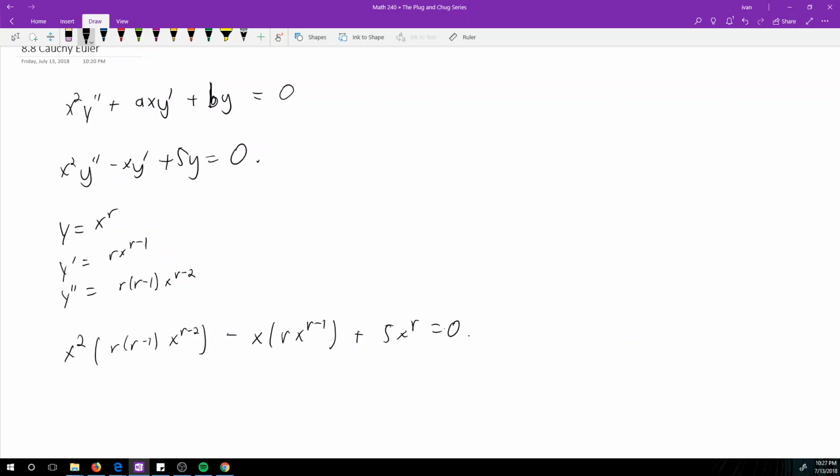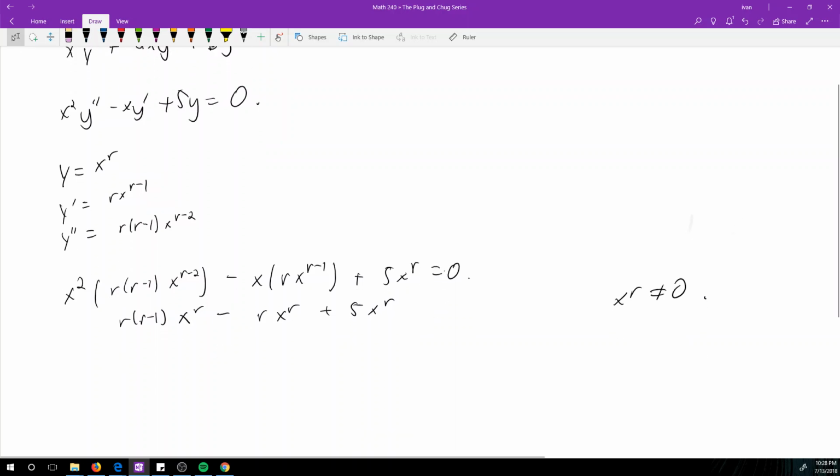Now you'll see this actually works out really nicely, because it becomes r times r minus 1 x to the r, minus r x to the r, plus 5x to the r. And x to the r can never be 0, so now we just have to solve for these coefficients. You can divide by x to the r, and you get r times r minus 1 minus r plus 5 is equal to 0.